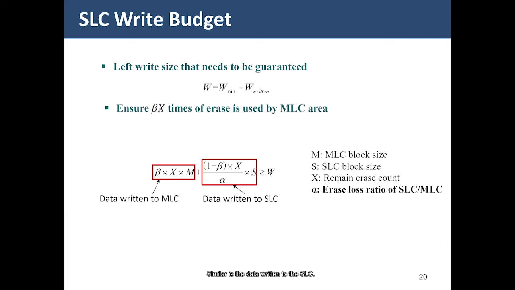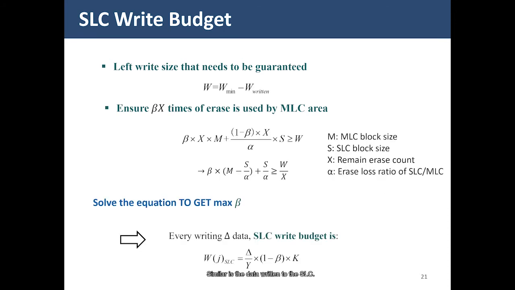Similarly for the data written to the SLC area. Finally, we solve the equation to get the maximum beta. So, for every delta size of data written, the SLC write bucket is obtained by this equation.